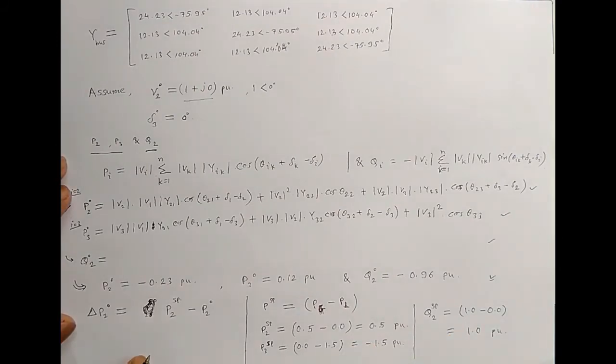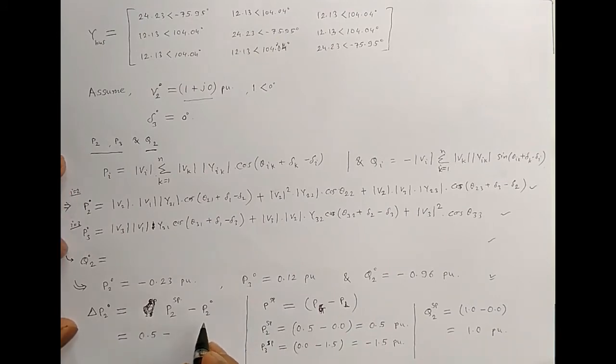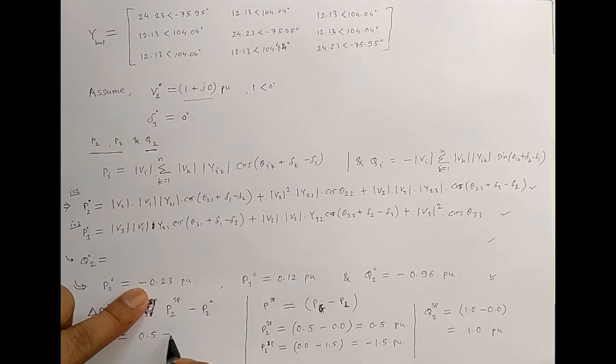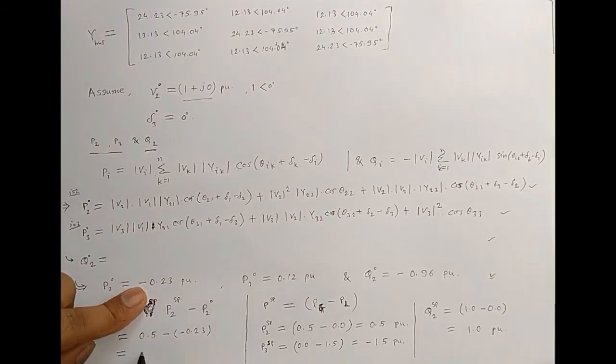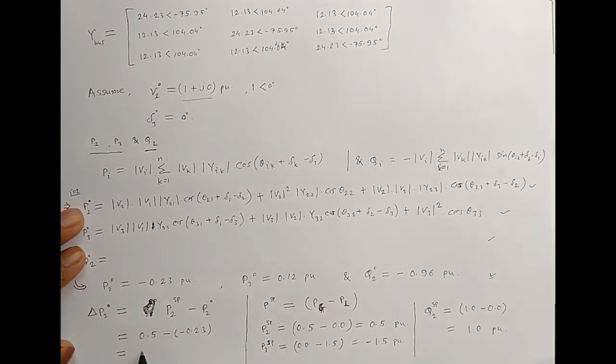So with the help of these equations, what will be delta P20? Delta P2 is specified, that means 0.5, minus P20. We have calculated this as minus 0.23, so it will be 0.5 plus 0.23, that means 0.73 pu.